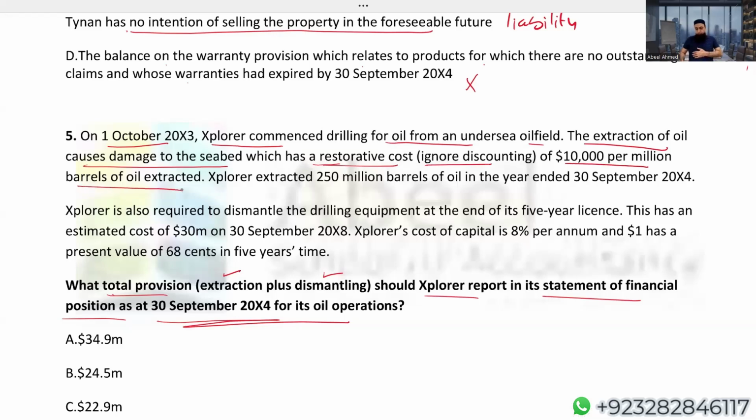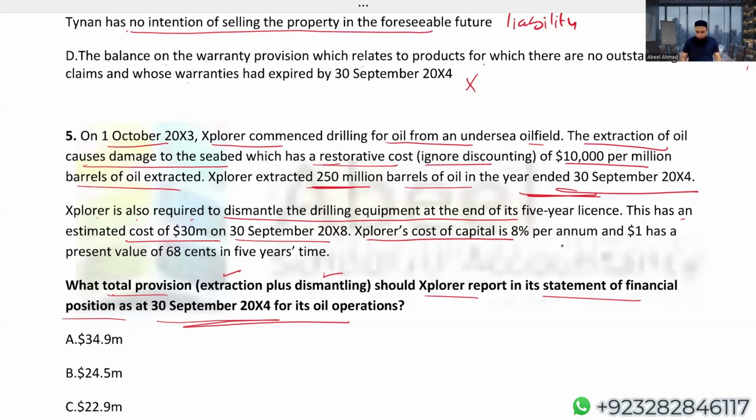Wow, per million barrels you will be bearing $10,000. The explorer extracted 250 million barrels of oil in this year. The explorer is also required to dismantle the drilling equipment at the end of the 5-year license. This has an estimated cost of 30 million on 30th September X8.